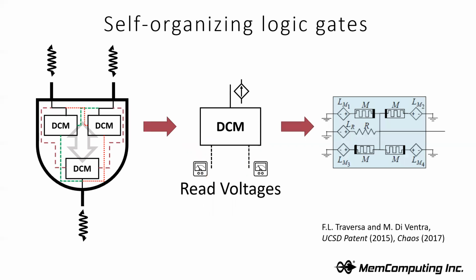Now, can we really design those DCMs? Yes, we can. We have done several designs, patented them, and we are currently even building those things. They are simple nonlinear feedback circuits that can instantaneously read the voltage state at the terminal, and accordingly inject some current in order to behave as I explained before.